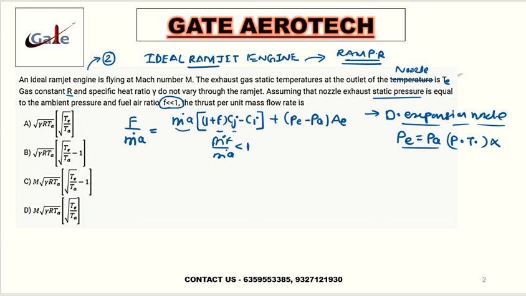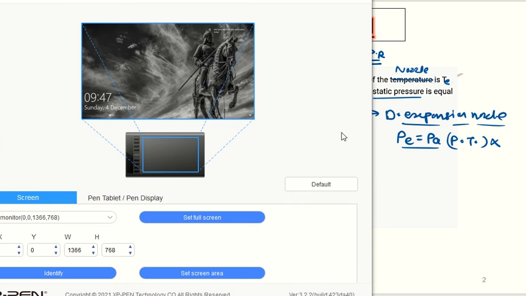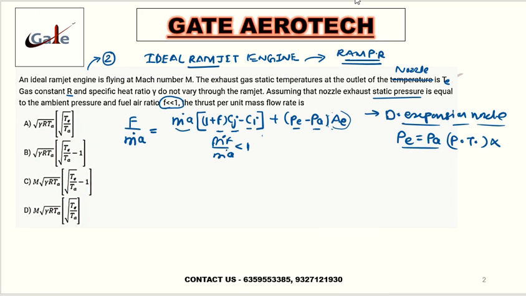Okay, Cj is your exit velocity, Ci is your entry velocity or your ramjet velocity, Pe is nothing but the pressure at the exit of the ramjet engine or nozzle, and Pa is the atmospheric pressure. Okay, and Ae is nothing but the exit area of the nozzle. Okay, I hope it is clear.